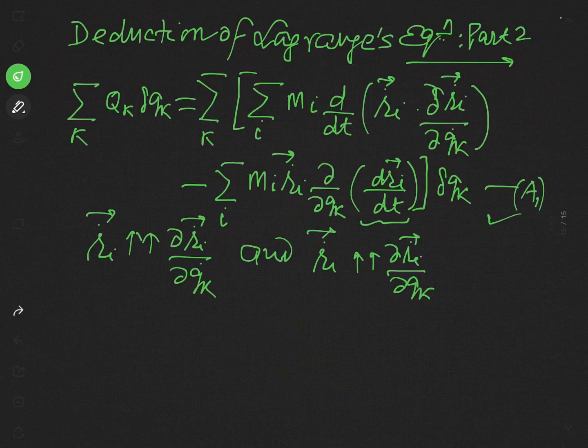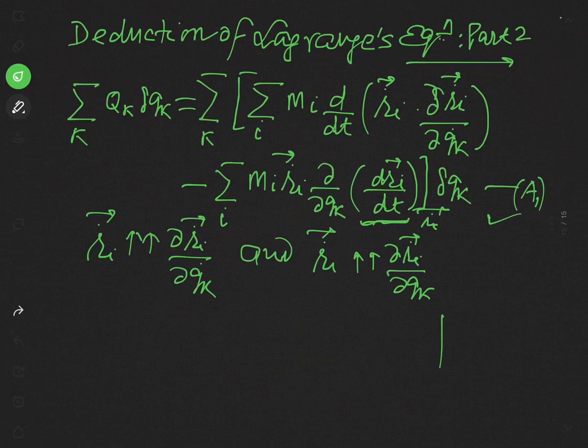See here, dri by dt will be equal to ri dot. So in this term, this represents ri dot.